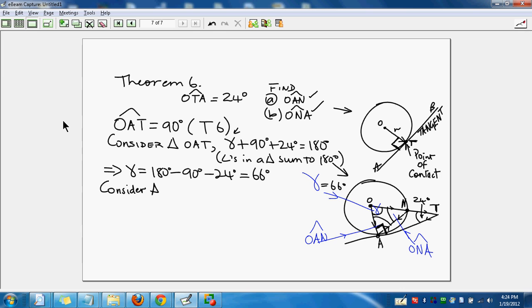If we look at triangle OAN, what we'll see is that ON and OA are equal, because they are both radii of the circle. OA and ON are both radii, so I'll put R to represent radius.